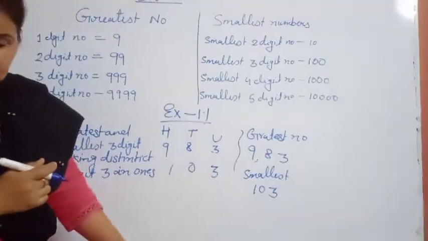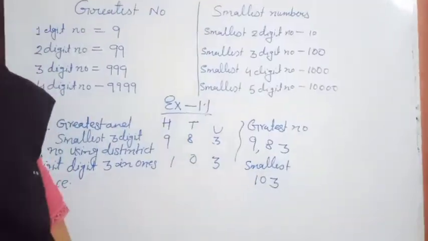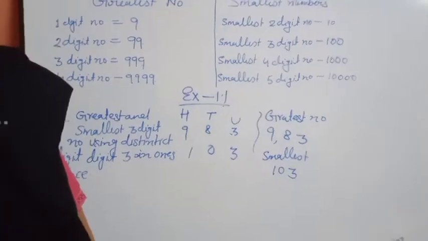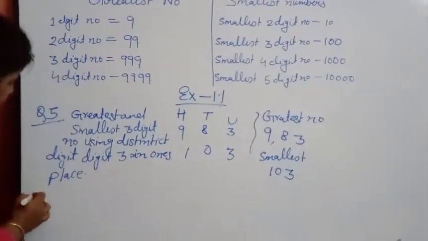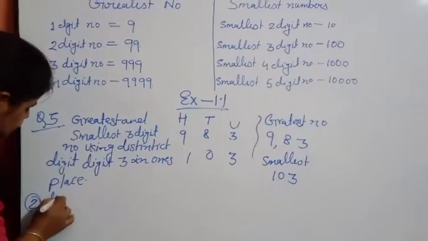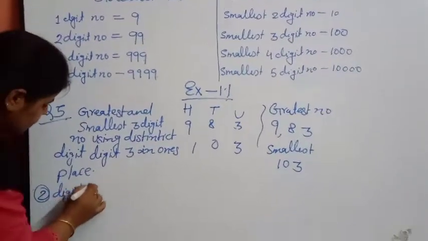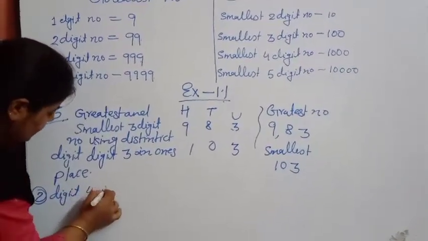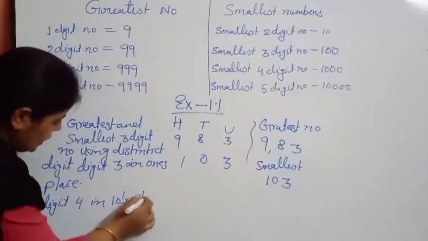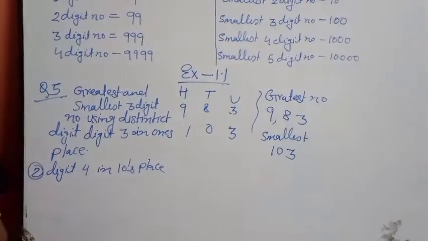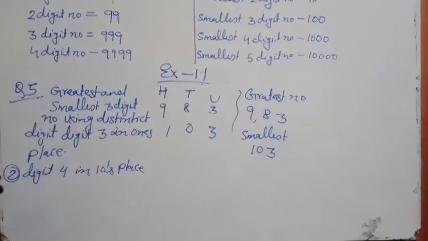Okay. In the same way, this time you have been given digit 4 in the tens place. According to the second condition, digit 4 should be in tens place, and we have to make the greatest and smallest number.